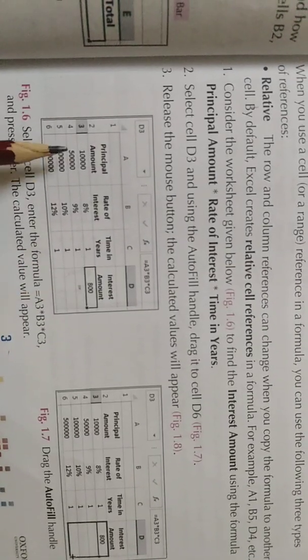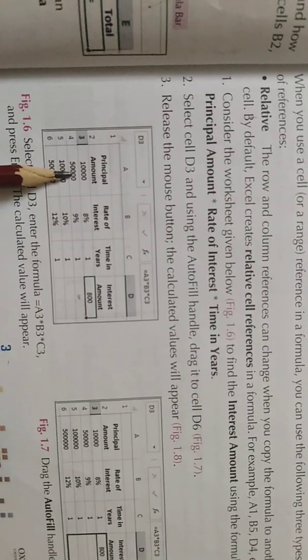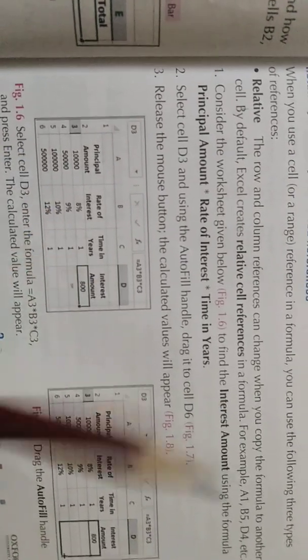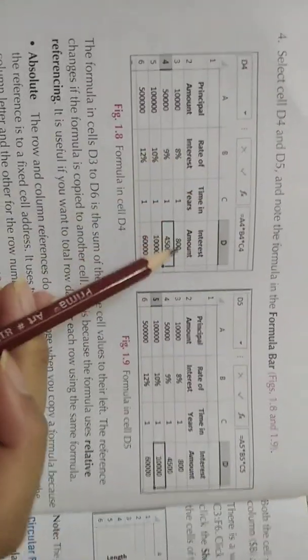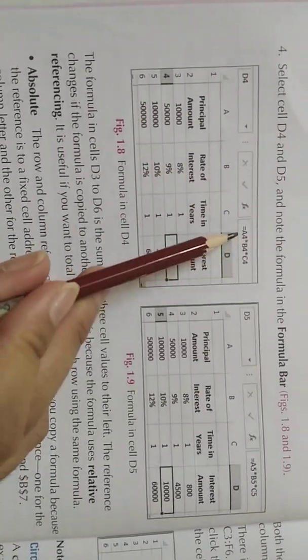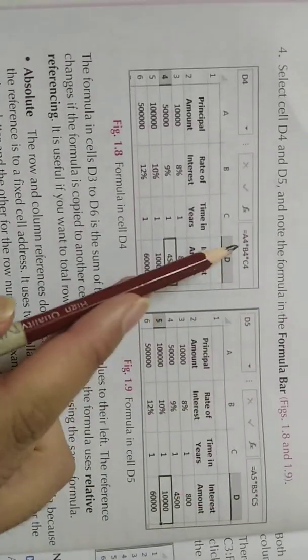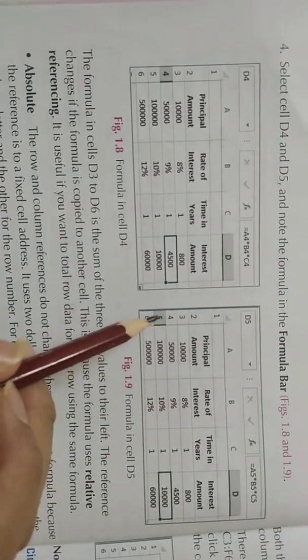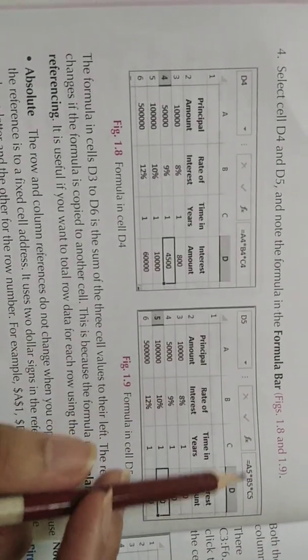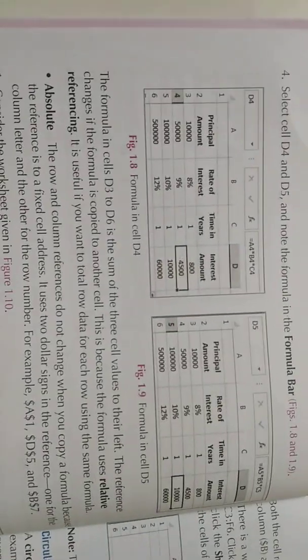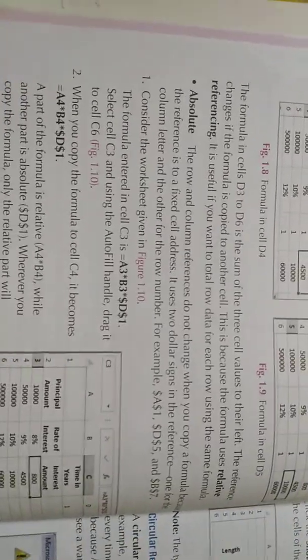For this cell it will be A4, B4 and C4. Just have a look at this picture. When you click on row number 5, the formula is different from this one because only the row number changes, not the column. This is called relative referencing.